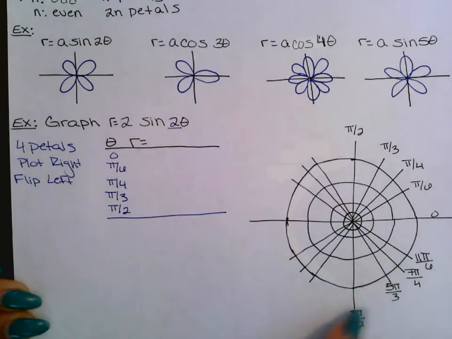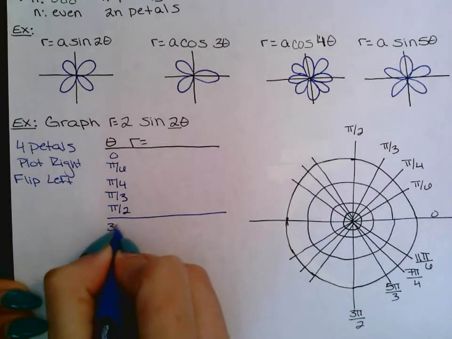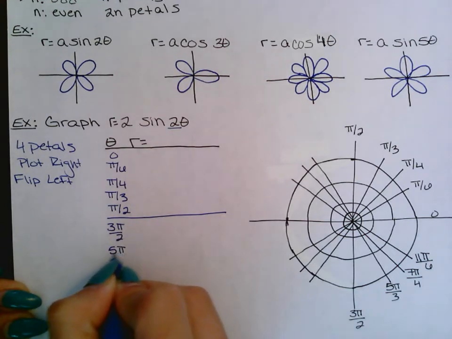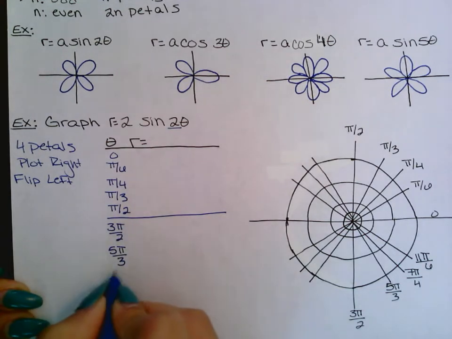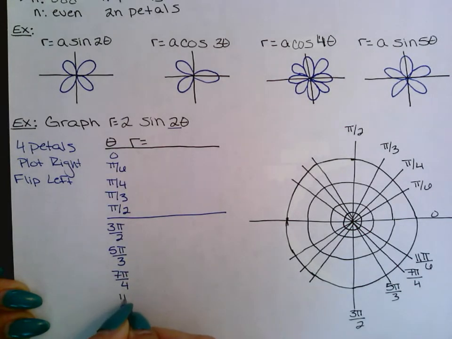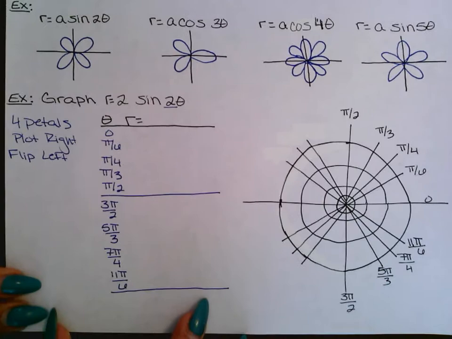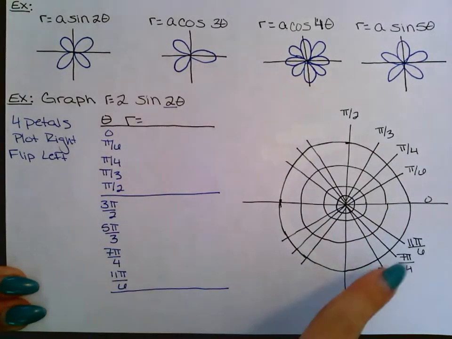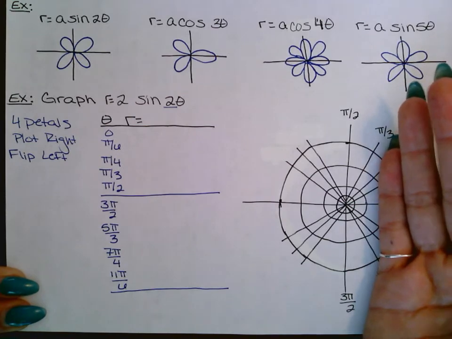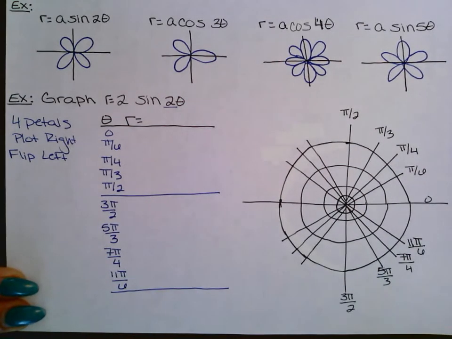And I'm going to do these in order from what I'm used to. So that'll indicate the division between my first quadrant and my fourth quadrant, I'm sorry. And so that'll be me plotting the right, and I'll just flip it over to the left-hand side.